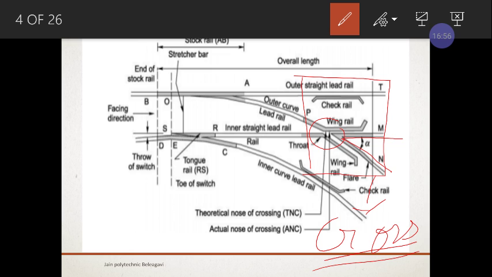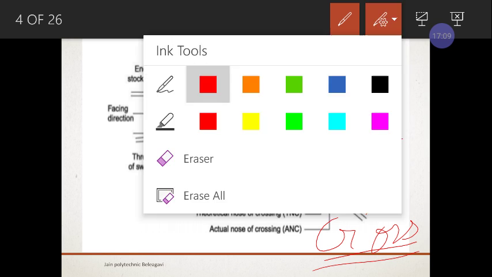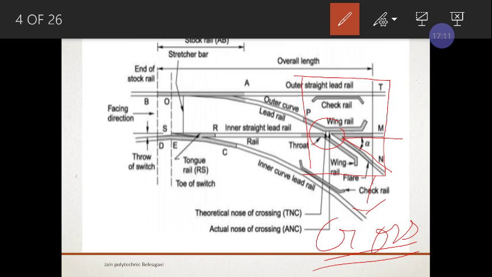A check rail is nothing but the rail which is provided inside the main rail, for support. This is your check rail.